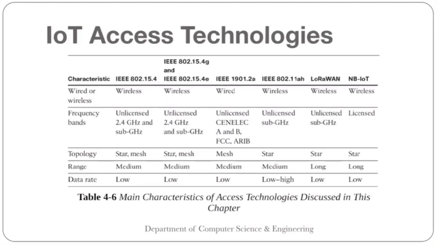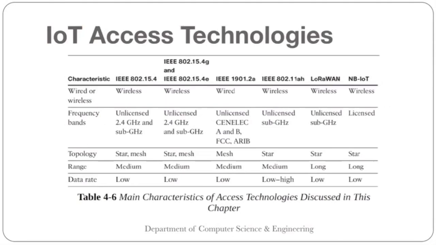Again this is wireless, unlicensed sub gigahertz band, star topology, and the range is long, so it can be used for long range communication, and the data rate is low. Almost in every one of these technologies the data rate is low, because although we are collecting a lot of data, the rate with which we transmit is low.